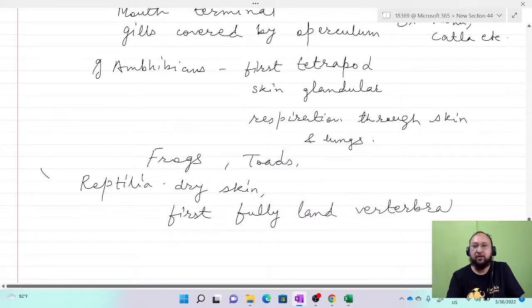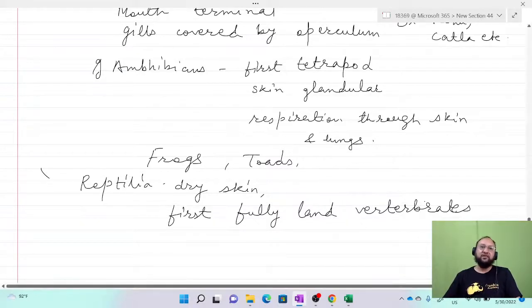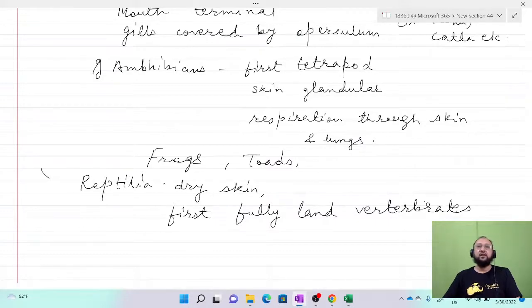So for the first time in evolution, reptilia, lizards, snake-like animals, evolved completely on land and adapted for a terrestrial mode of life. They have dry skin and a well-developed system of respiration for land, with lungs.